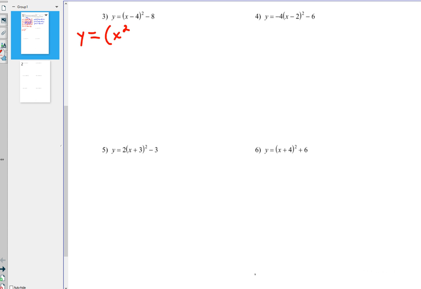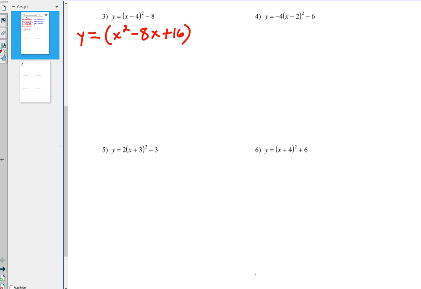So x squared. Okay, then in the middle, you can't forget this. What is x times negative 4, but then times 2? Negative 8x. You have to have that. And then if you have that, Nakai, what's negative 4 squared? Positive 16.